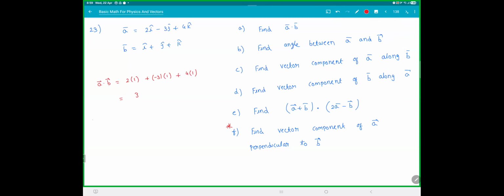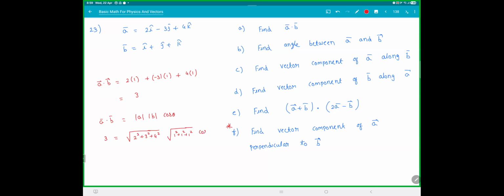First one is done. How do you find the angle between two vectors? A bar dot B bar is mod A, mod B, cos theta. A dot B is 3, we found out. What is mod A? Root over 2 square, 3 square, 4 square. I hope you remember how to get the magnitude of a vector, which is 2 square plus 3 square plus 4 square, and mod B is root over 1 square plus 1 square plus 1 square.